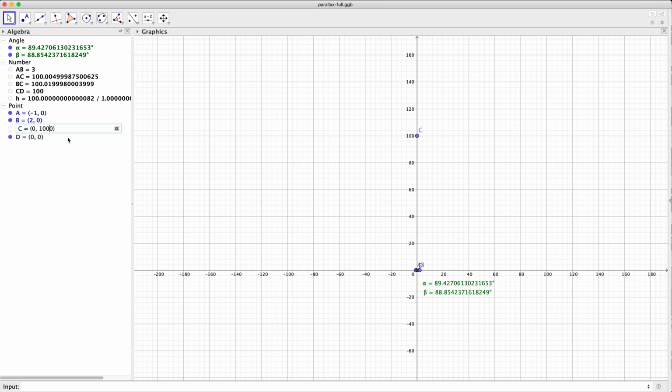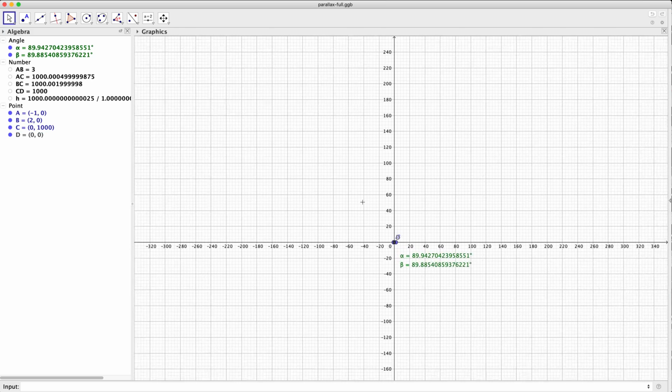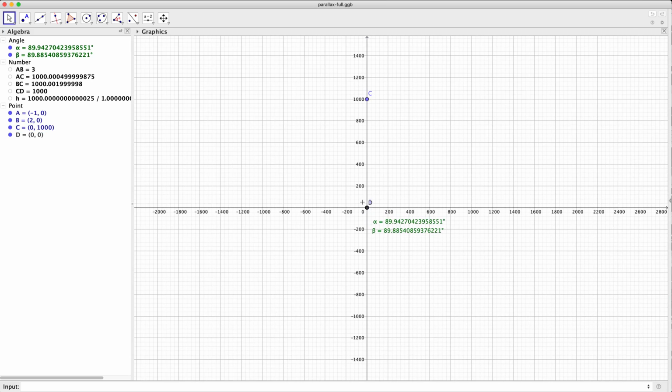And then let's see what happens at 1,000. Whoa, even more so. Very similar to an isosceles triangle, right? AC, BC are almost the same length at this point, because it's so narrow, even though AB hasn't changed at all. Those angles, they've become almost the same.